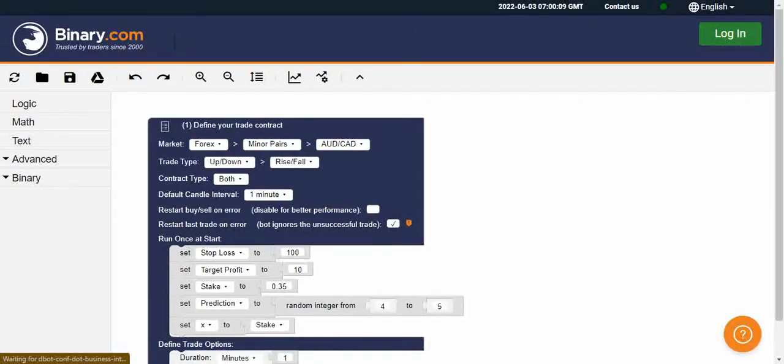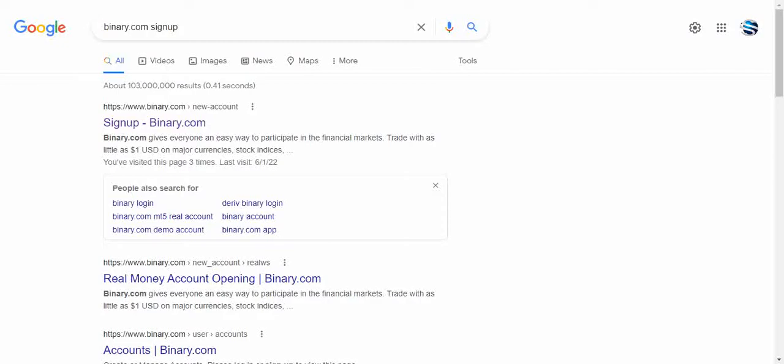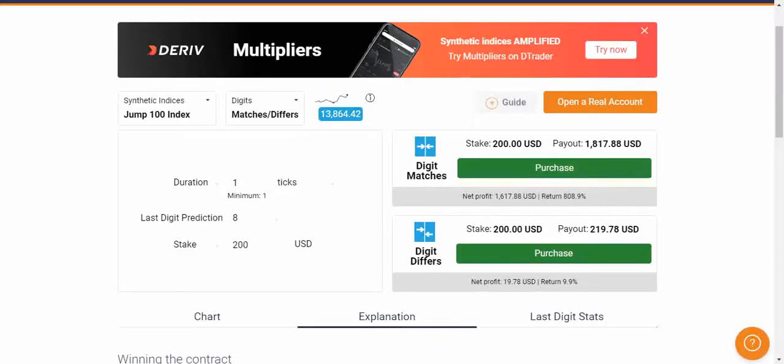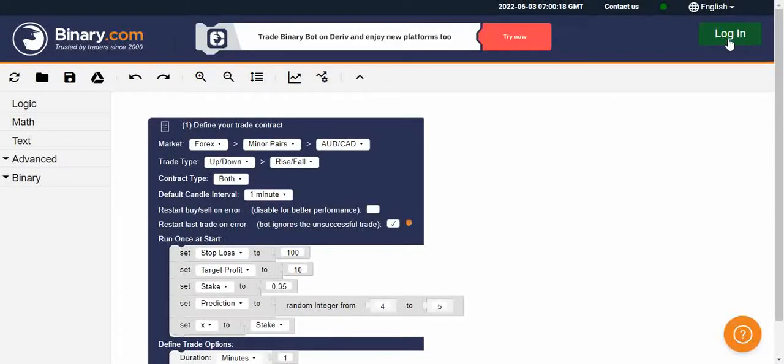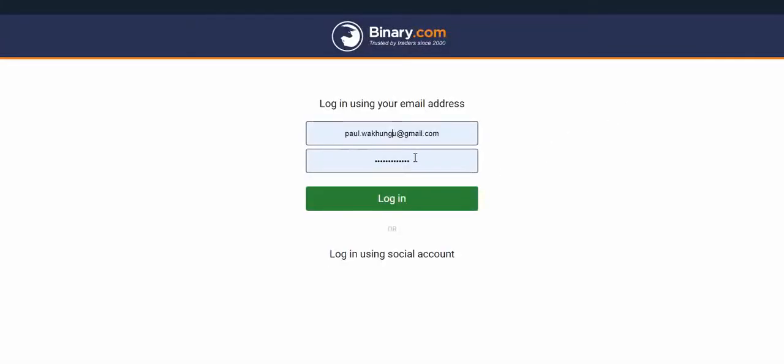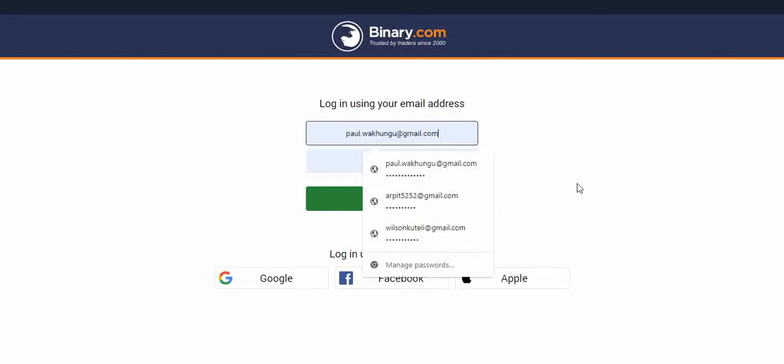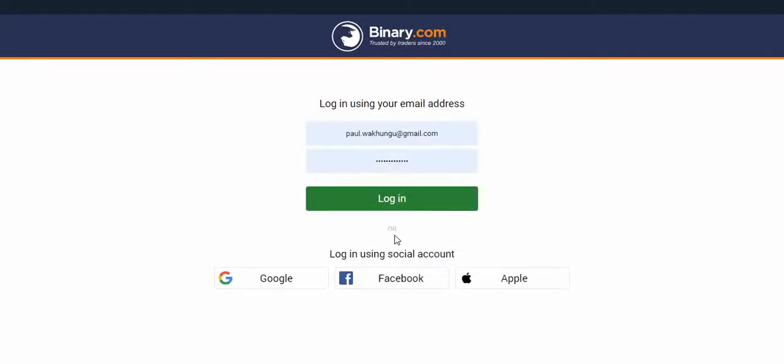So I'm logged out. Let me try and see. Even when I'm just here, I can create an account. Yes, because if you are logging in and you don't have an account, you can create an account.